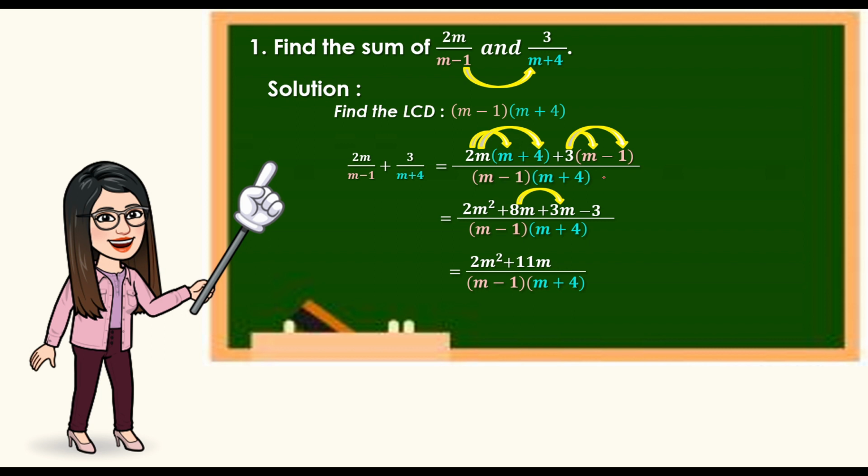Negative 3 has no like term also, so let us write negative 3, or minus 3. As you can see, we cannot simplify this anymore. So therefore, this is now our final answer: 2m squared plus 11m minus 3 all over the quantity of m minus 1 times the quantity of m plus 4.